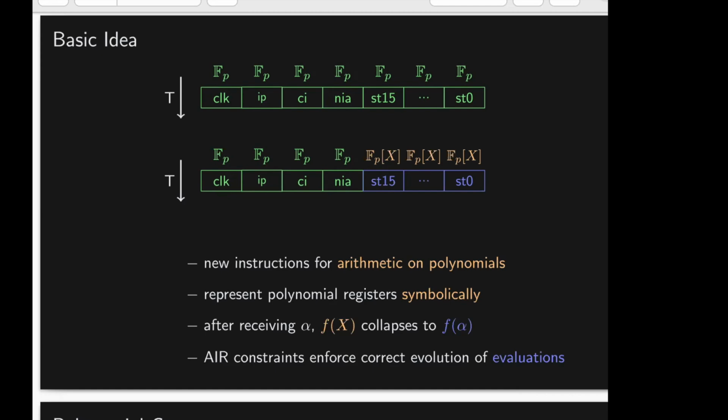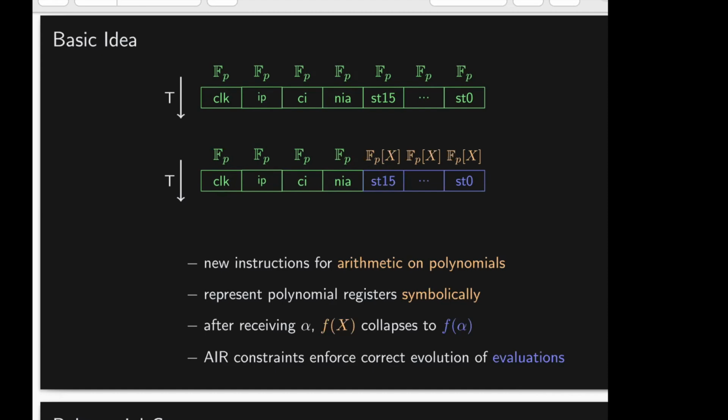The reason why it might work is that after receiving randomness from the verifier, these polynomials collapse to their evaluation in alpha, where alpha is provided by the verifier. And so the constraints that enforce the correct evolution still apply, they just apply to the evaluations of these polynomials.